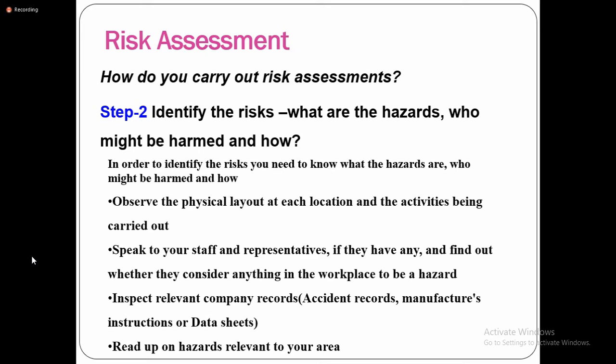For example, you may see some of the chemicals they are using, some small paint. You may say it is a paint, it has this smell and so on. But when you go to the MSDS, nowadays called SDS, Safety Data Sheet, you may find it is a hazardous ink.